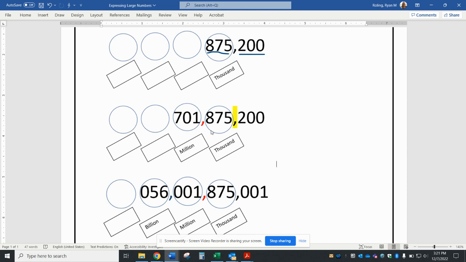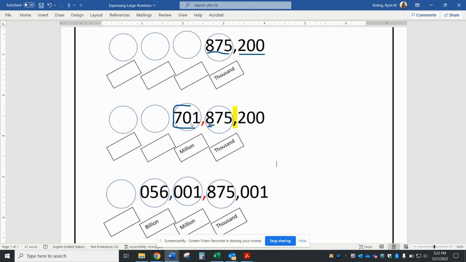And so here I'm color coding them. And again, I have 3 numbers before that comma. And so I'm going to say 701,875,200. Now, we have to use the word hundred here.